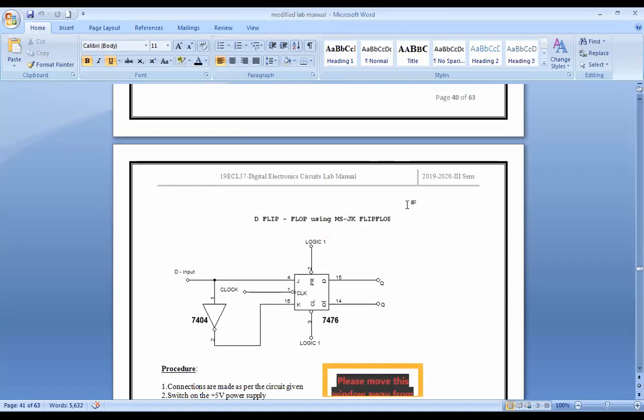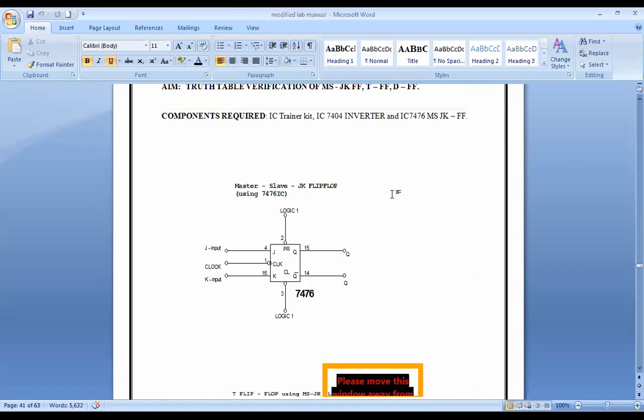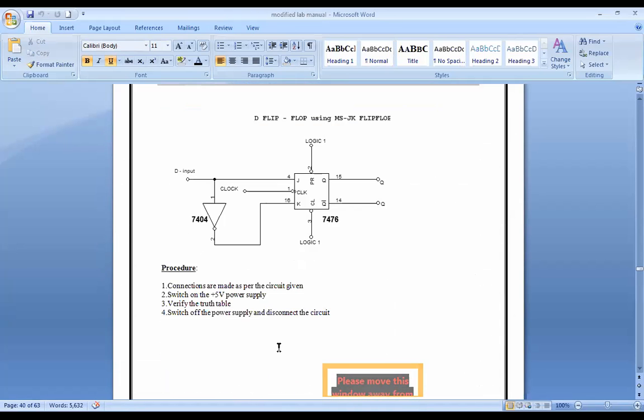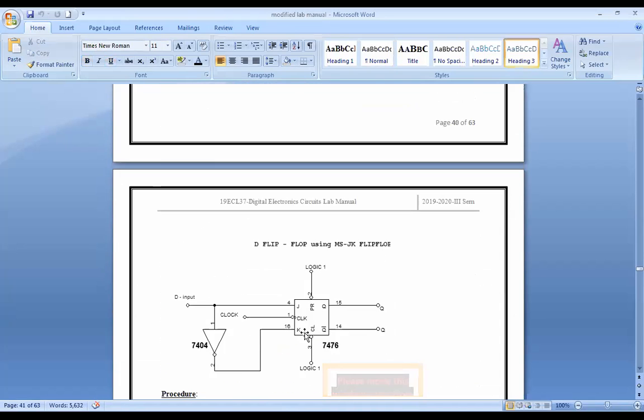You have already seen this in your theory classes as well. D flip-flop, T flip-flop, JK, and you have even written it for your internals and assignments as well, right? If there is any doubt, then we could have another meeting in some time. So can we end our meeting now?